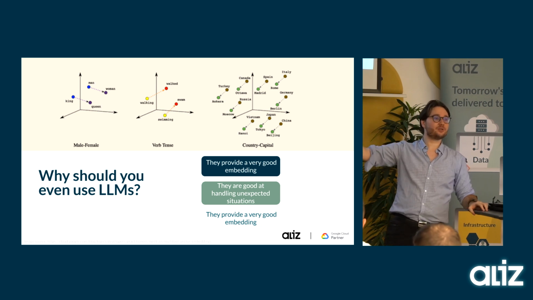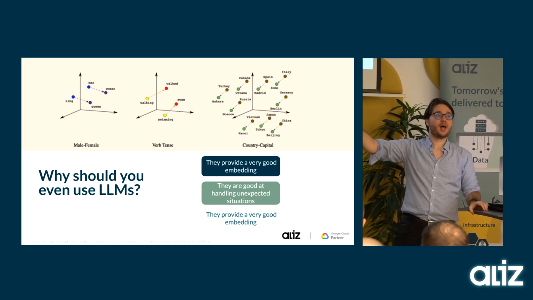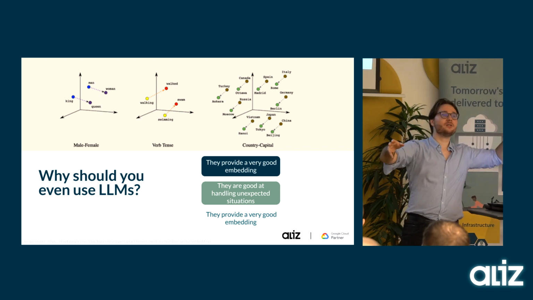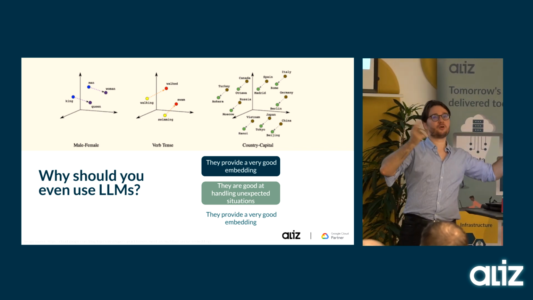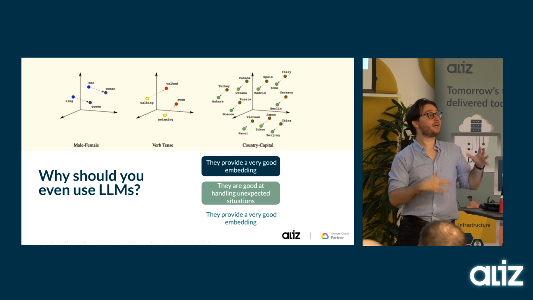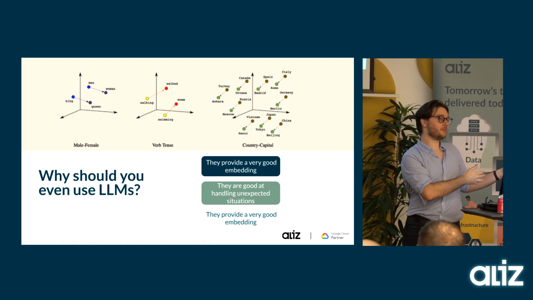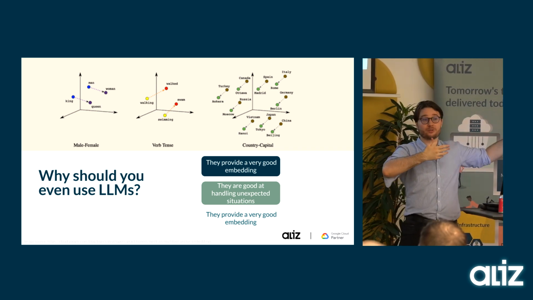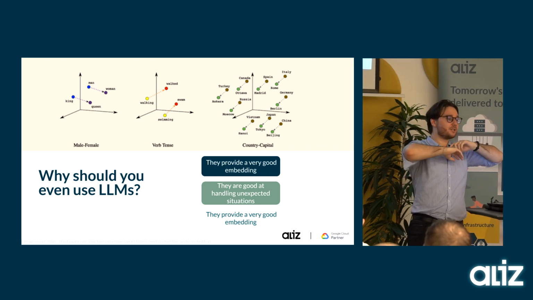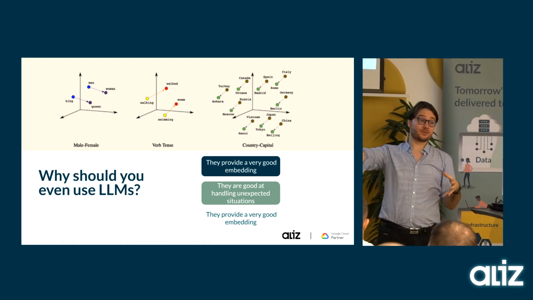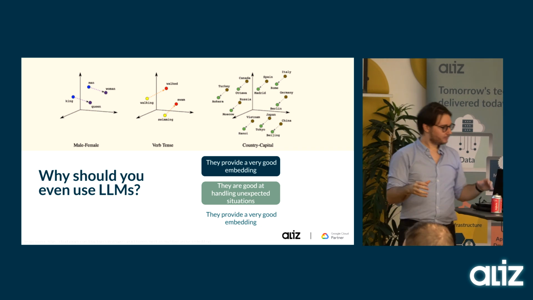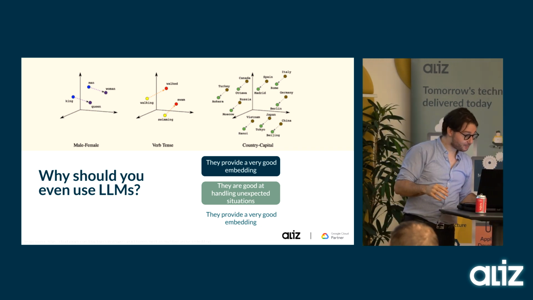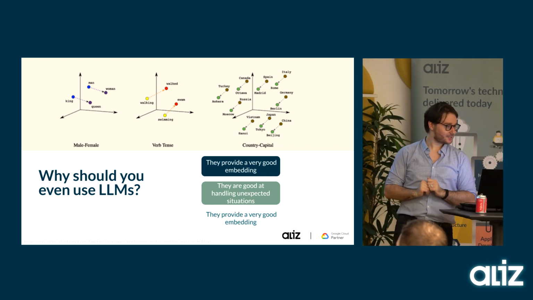We can just throw it to a large language model. And it's going to be able to generalize to sort of wishy-washy talking to the customer things better than our traditional tools. And it might fail. We can still go to a human fallback, but it can handle those unexpected situations for us. And the last thing is, again, they provide a very good embedding, so I'll just skip that.